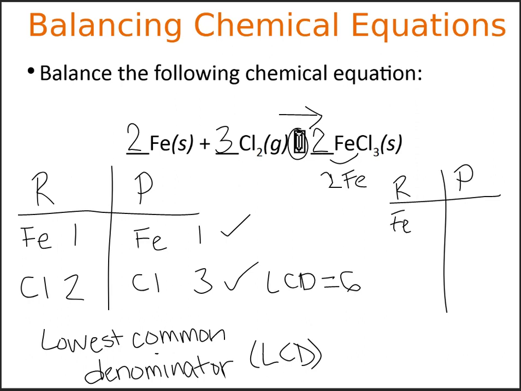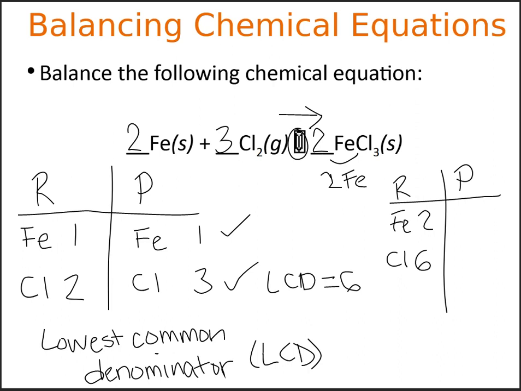For iron, with our new coefficient, we have 2 atoms. And with our new coefficient with the chlorine, we now have 6 atoms of chlorine on the reactant side. If we look at the product side, we have a coefficient of 2 in front of our iron 3 chloride.